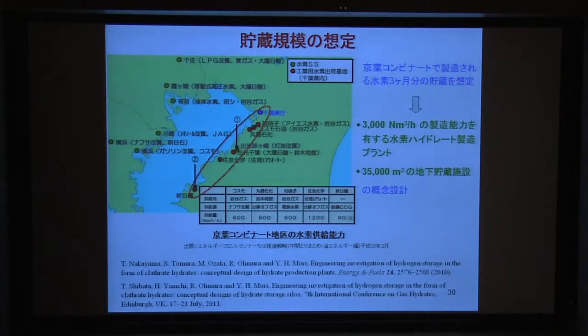So on the ground or underground, not movable but stationary storage, should take place for the hydrates. And at this moment, at the Keio Industrial Complex, they can produce about 3,000 cubic meters per day, and store this for 3 months. And we would like to establish this kind of plant, and that hydrate should be stored underground.